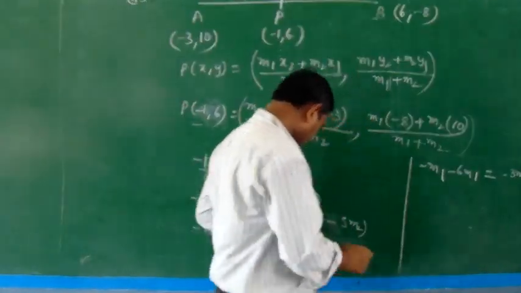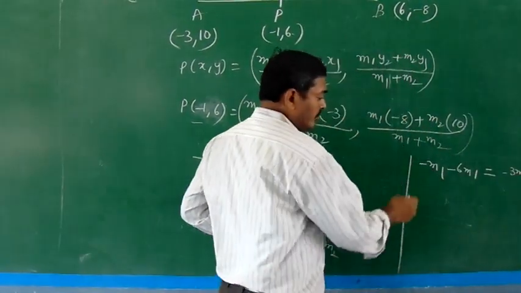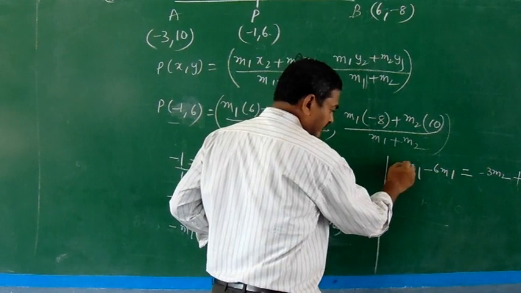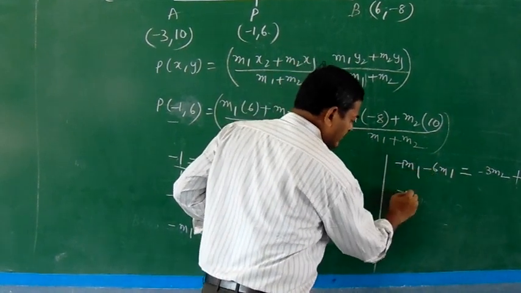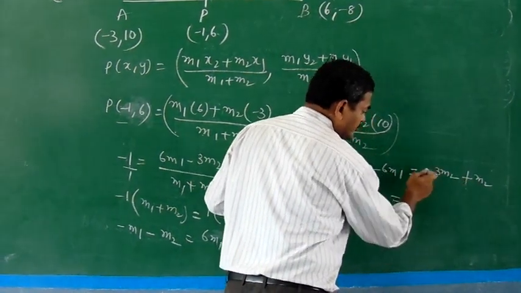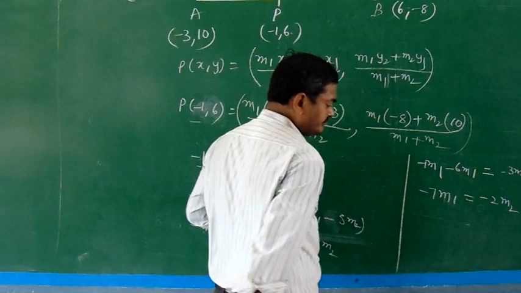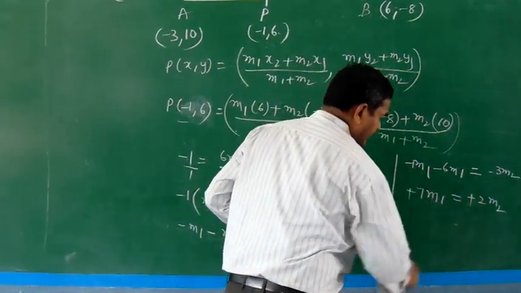Now you can simplify this. Here minus 1 minus 6 is minus 7m1 equals minus 3 plus 1, so minus 2m2. Now minus minus cancel.